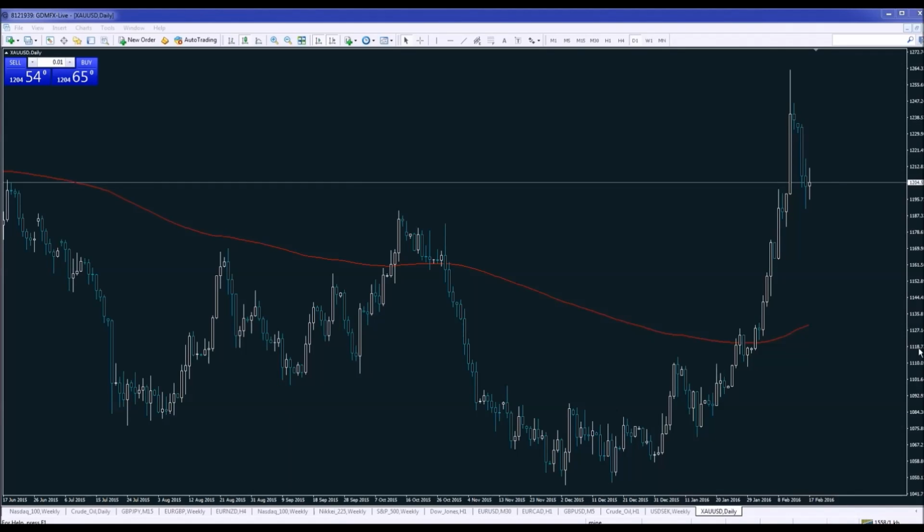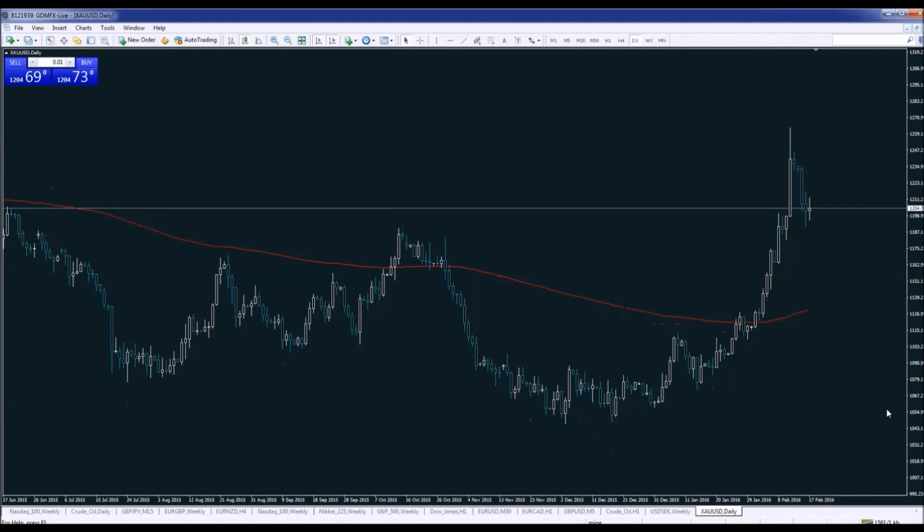Now, what we're looking at right now is the daily gold chart. What we'll get from this daily chart is only the range of the previous day. So we are in this session at the moment.